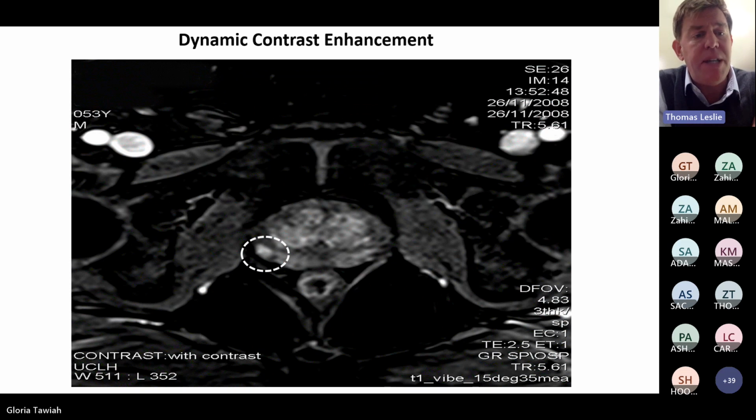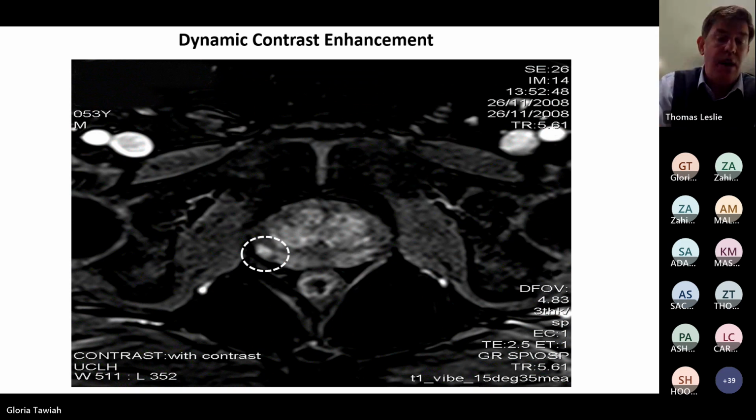Once they've been diagnosed, they'll get a Gleason score, and there are a number of treatment options at that point, but quite a lot will have to have staging completed with either a PSMA PET, which is prostate-specific membrane antigen PET, or an MRI of the skeletal system or the marrow.